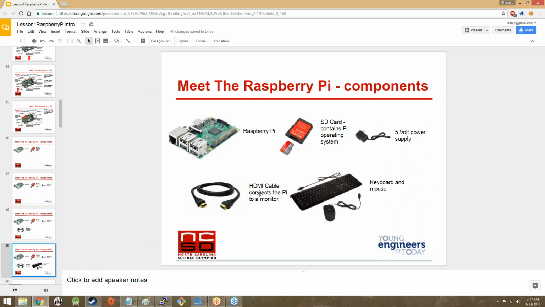So in order to get started with the Raspberry Pi, it'll be good to have a Raspberry Pi, as well as an SD card with the Raspbian operating system on it, a 5-volt power supply. If you've got a 2, you will want something that I believe provides 1 amp.